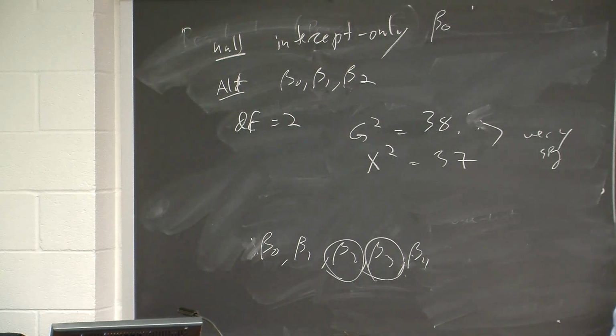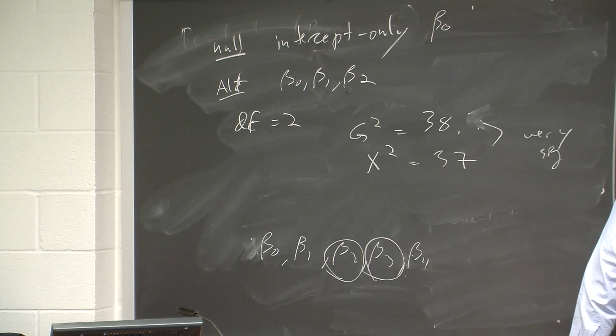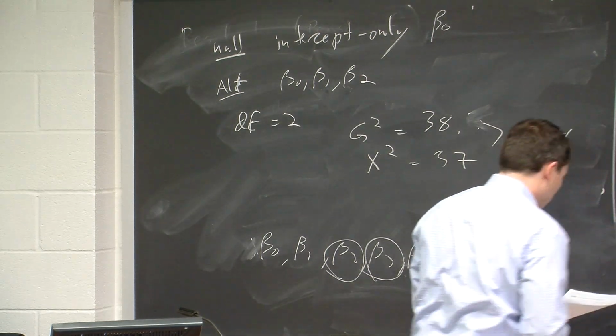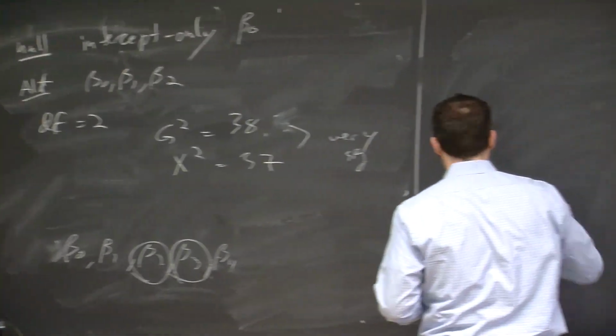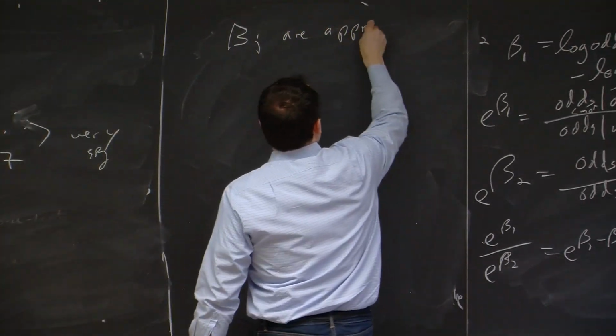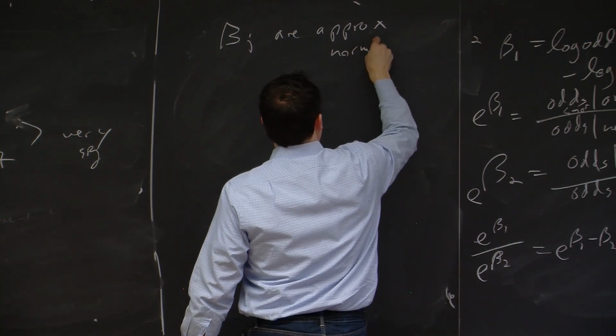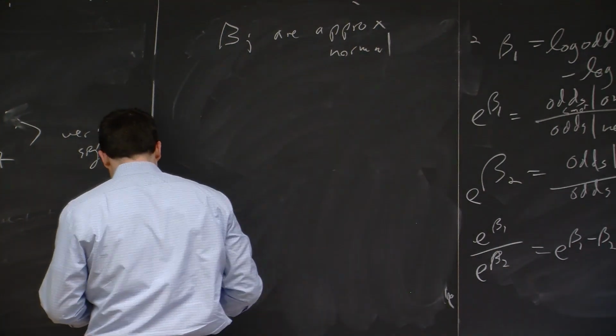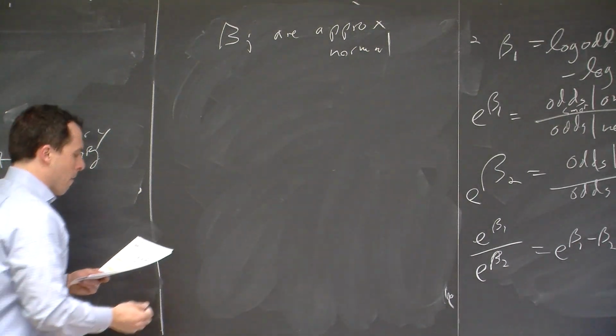We mentioned that because of the nature of these estimates being maximum likelihood estimators, the beta j hat are approximately normal with a standard deviation, which you can get from your computer.